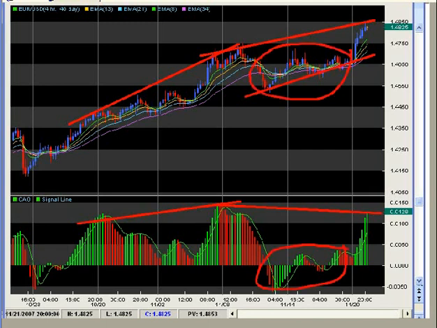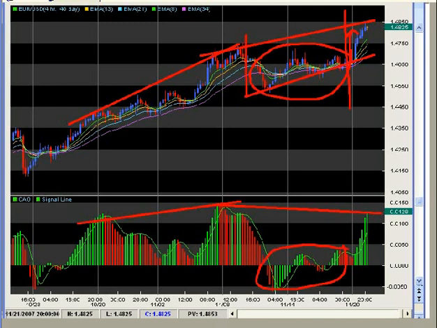Even on the 4-hour chart, the moving averages are at the 3 o'clock position, so they're sideways between this area and this area right here. And then, this happened overnight, once people started to go in and buy the euro again, the averages started to spread apart.